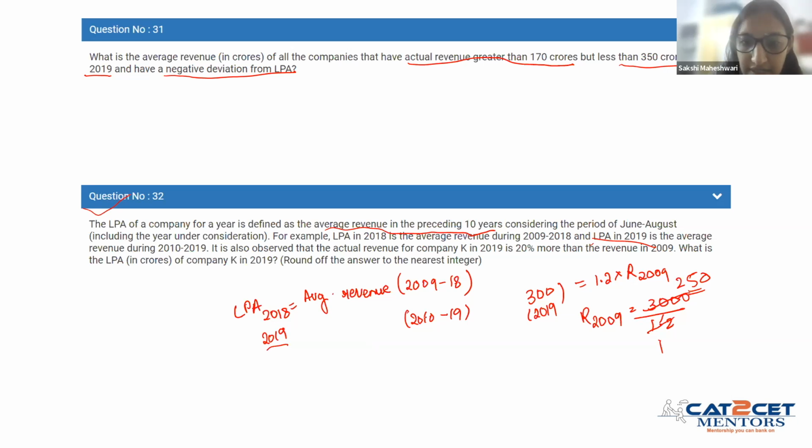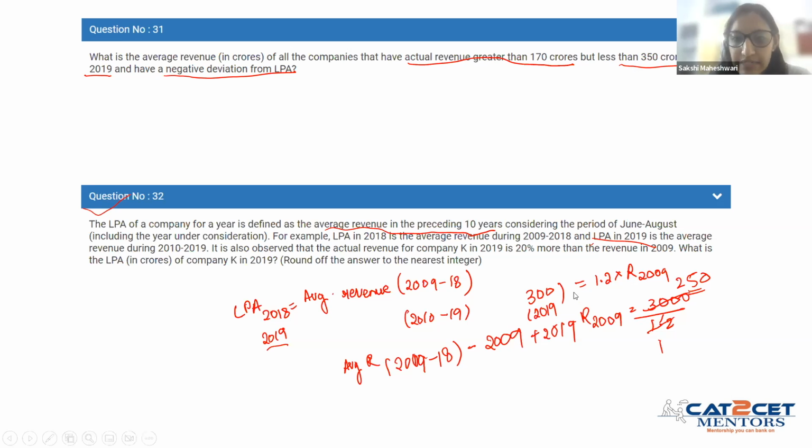I think we'll need to subtract 2009, so that will be the average of 2009 to 18 revenue, minus 2009 plus 2019, right?